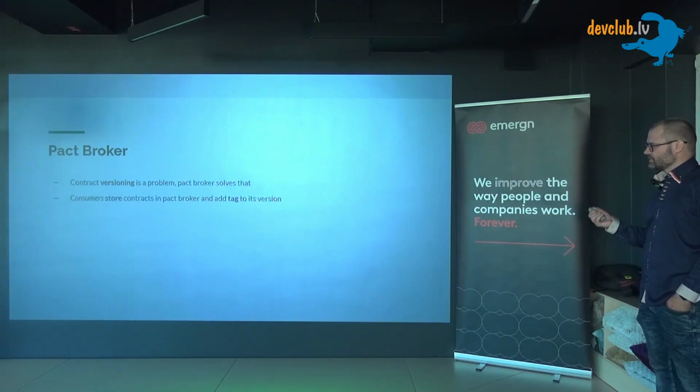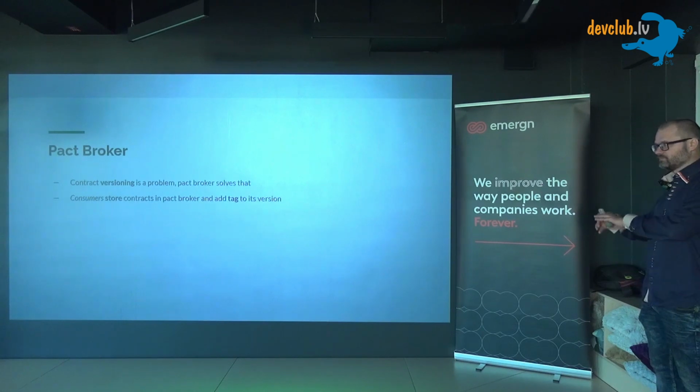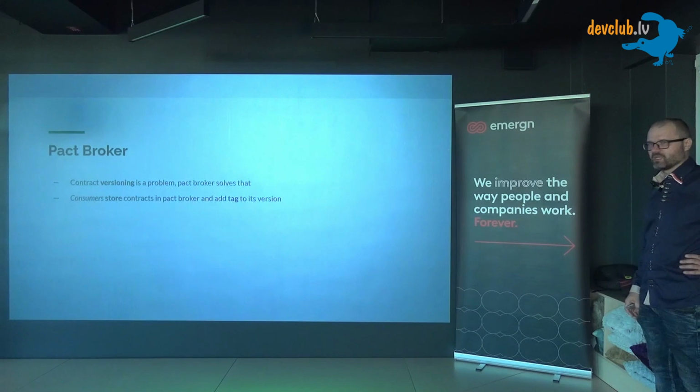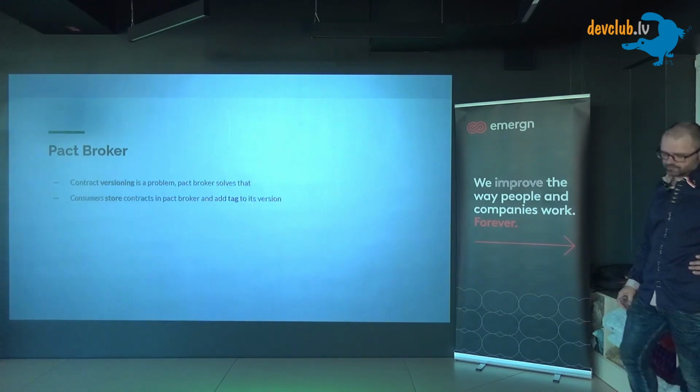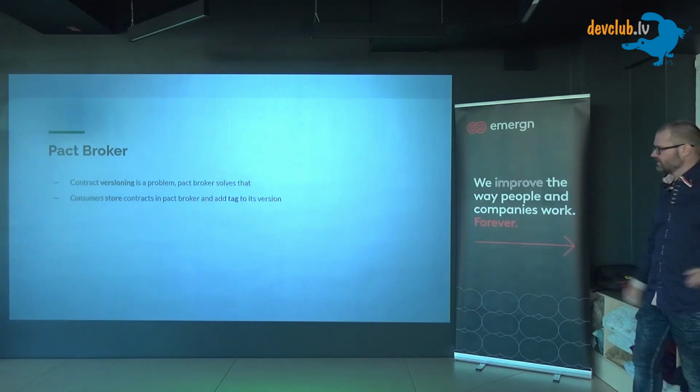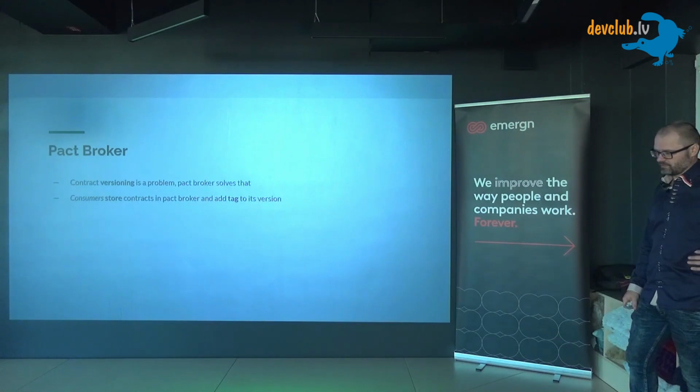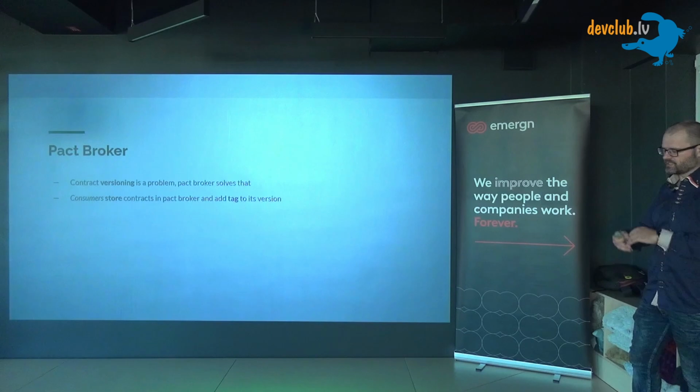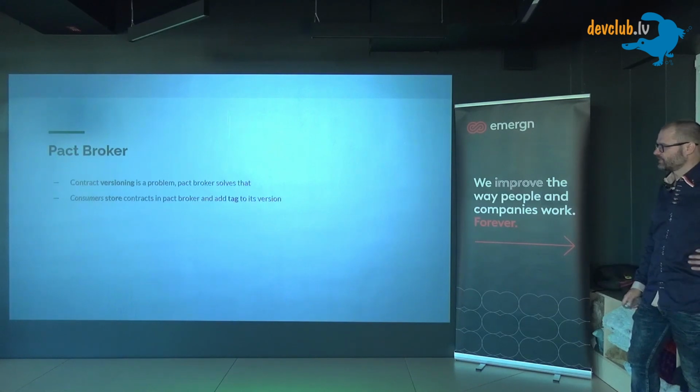As for other issues, Pact Broker is a standalone service or application. You can get it as a Docker image. You can deploy it on a virtual machine, and it will work, and you can send the contracts to it just as you would have sent them to S3. So consumers automatically publish the contracts to Pact Broker.